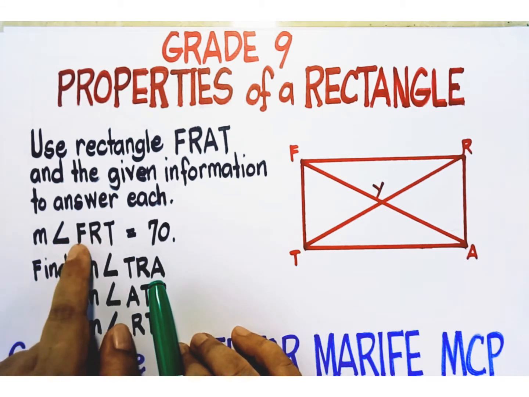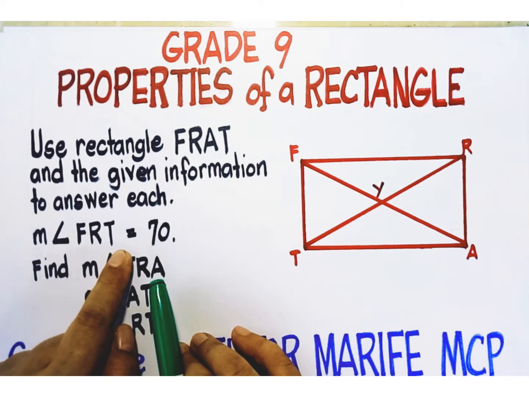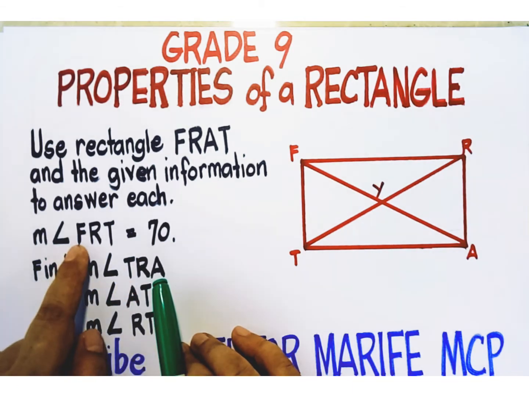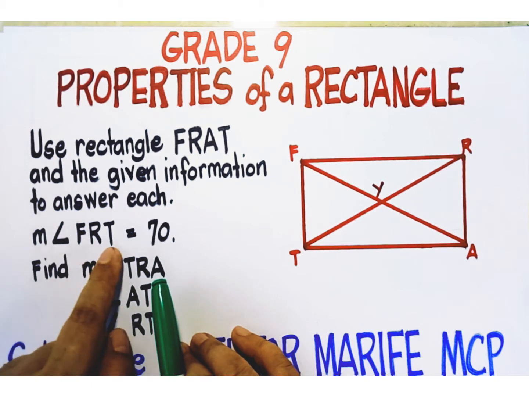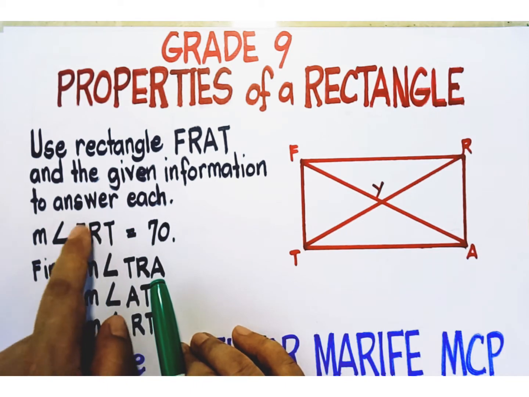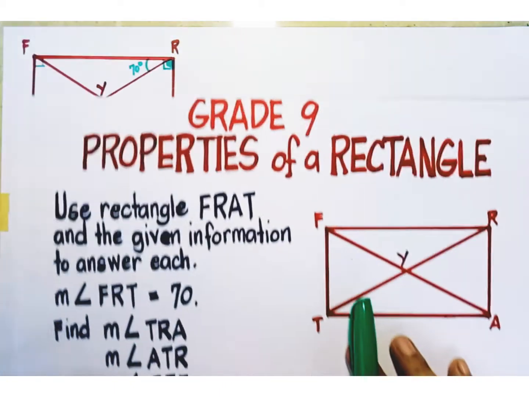These letters, the one on the left side and the one on the right side of R, are a point on each side of the angle. Therefore, F is a point on one side of angle FRT. T is also a point on the other side of angle FRT. So where is angle FRT in the figure?